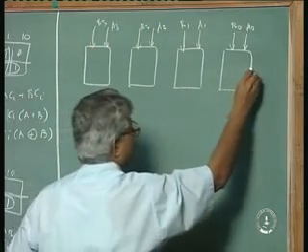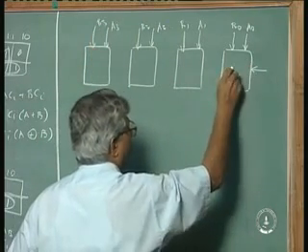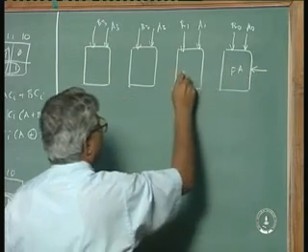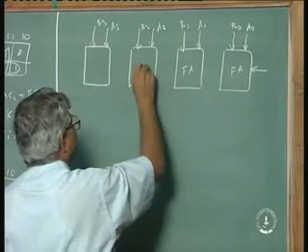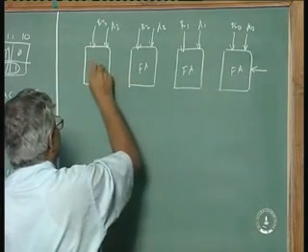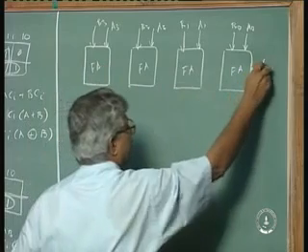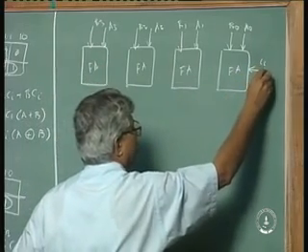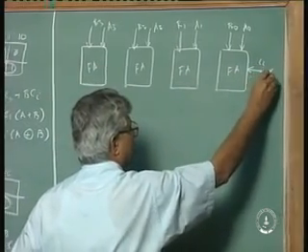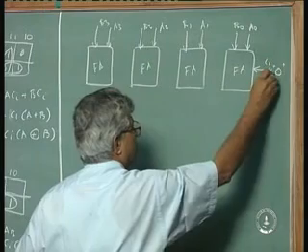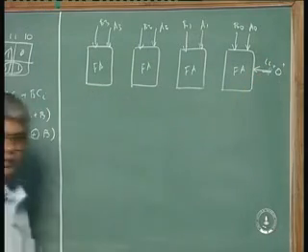Now the carry from the previous stage, let us assume all of them to be full adders for the sake of uniformity. This carry in, I will ground it, make it 0, because for the very first bit there is no carry in.